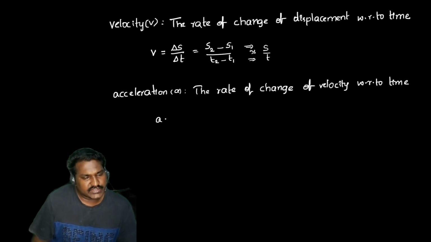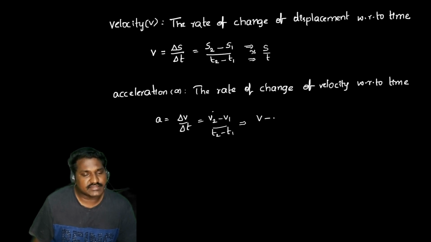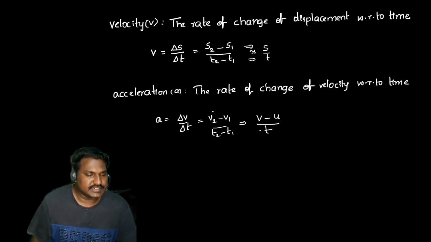So a is equal to delta v by delta t, or v2 minus v1 by t2 minus t1, where v2 is the final velocity and v1 is the initial velocity, which we assume as u, by the total time taken t.